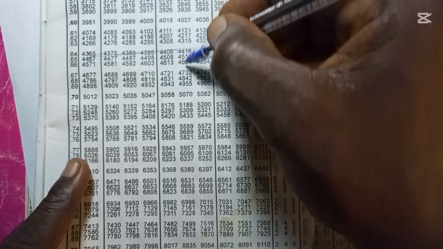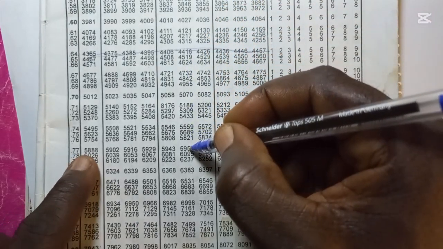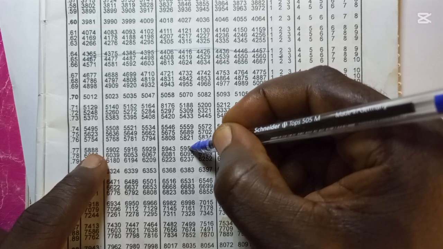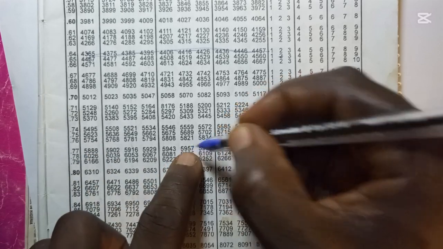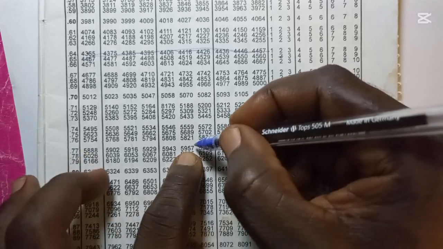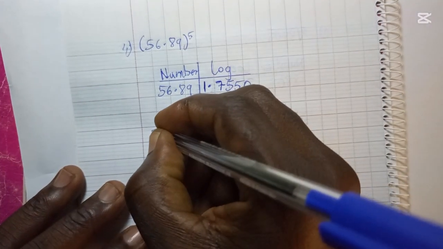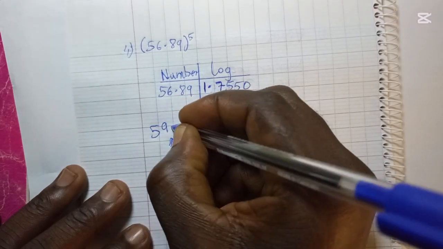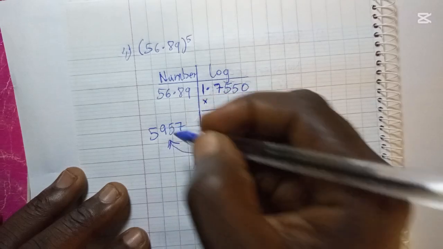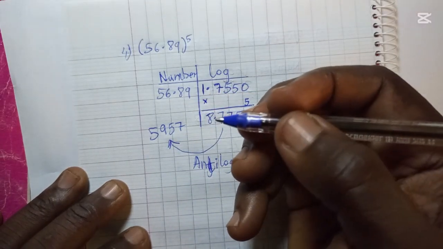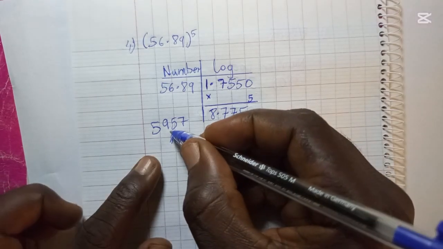Then trace it downward. 77 under 5 will give us 5957. So this is the answer we got here.